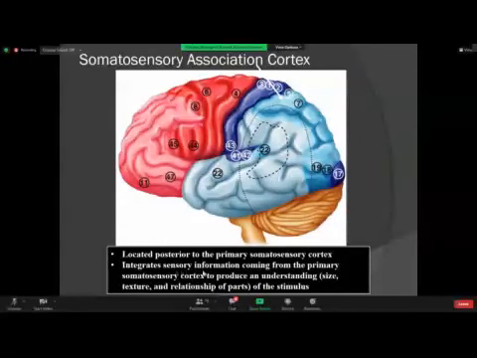It integrates sensory information coming from the primary somatosensory cortex to produce an understanding of the size, the texture, the relationship of the stimulus. It is not just this that it contains. It gives you a holistic idea of what sensory input is being given to the body.